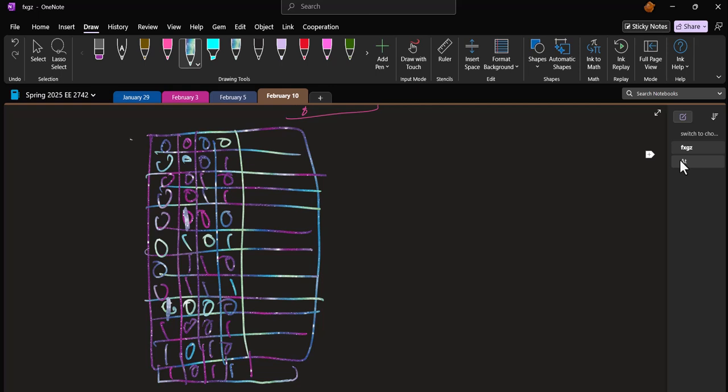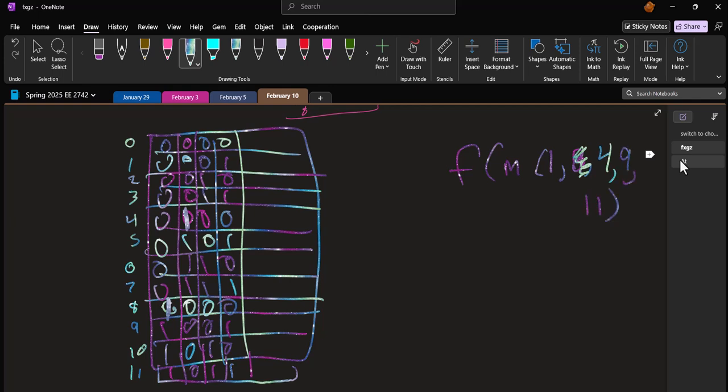Let's say that my function had minterms 1, 4, 9, 11. That was my function. So I'm going to put f here, and I've got 1, 4, 9, and 11. Plus I've got the others on here that didn't fit.